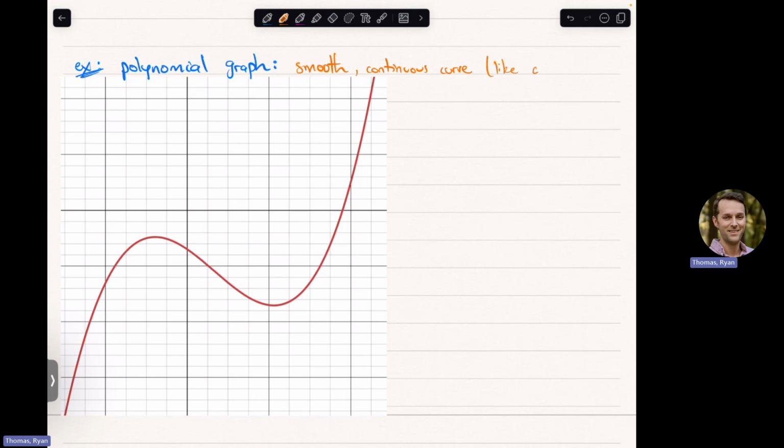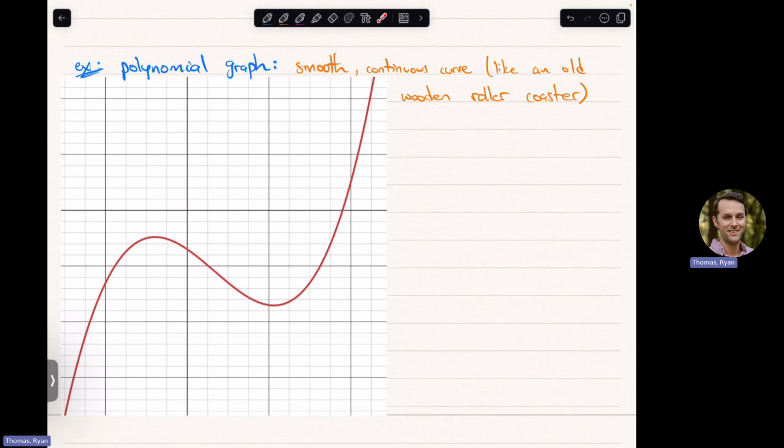Kind of like an old wooden roller coaster. So no loops or anything like that, but the kind of thing that you could smoothly travel along without being thrown off.